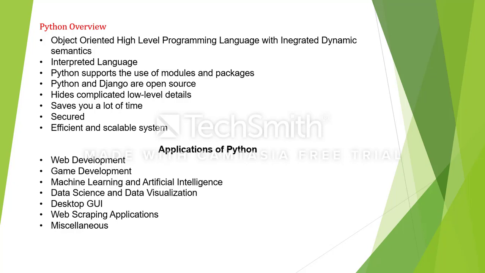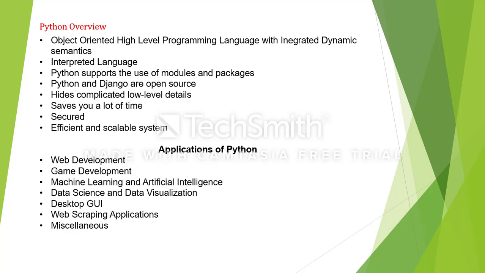So this is a high-level overview of Python. Now, what type of applications can be developed in Python? As you can see in the slide, we can work on web development, games, machine learning, AI projects, numerical calculation projects, data science and visualization, desktop GUI, scraping applications and others. One of the reasons why Python is heavily used is the vast variety of verticals it has.